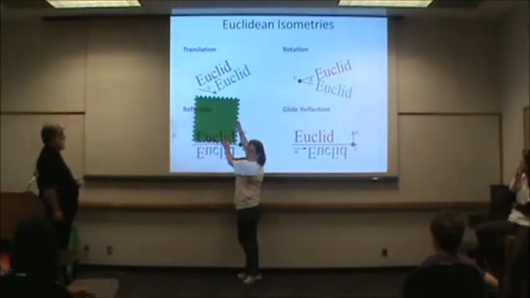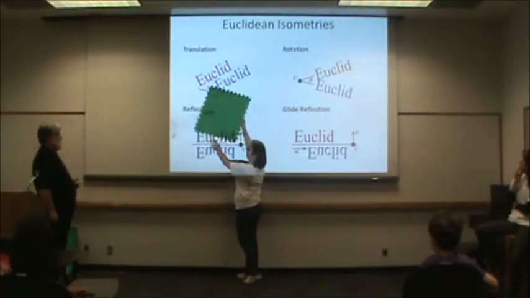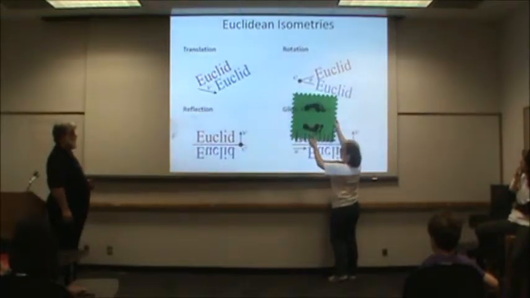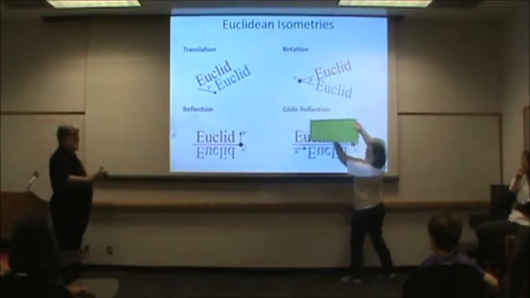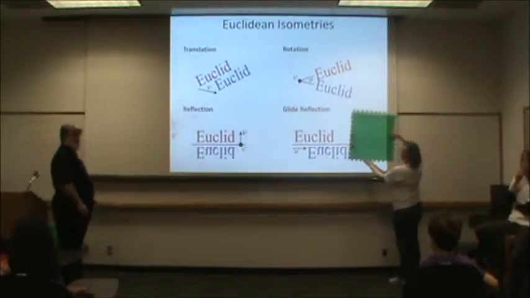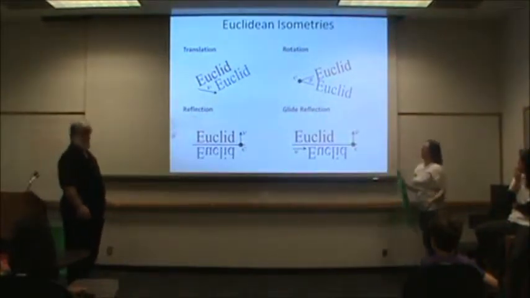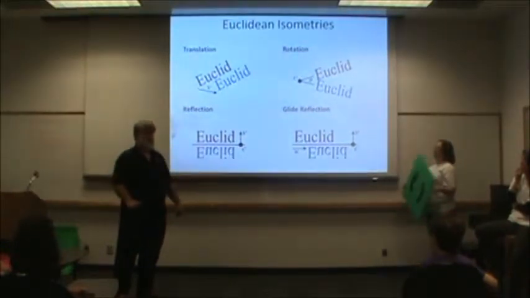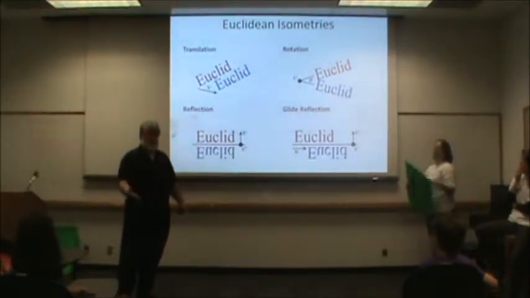Reflection, sort of like a mirror. And then we slide it and reflect it together. So those are operations we can do just on a blank slate of paper that leave the blank slate of paper the same.